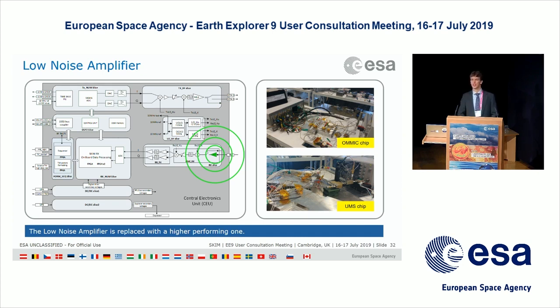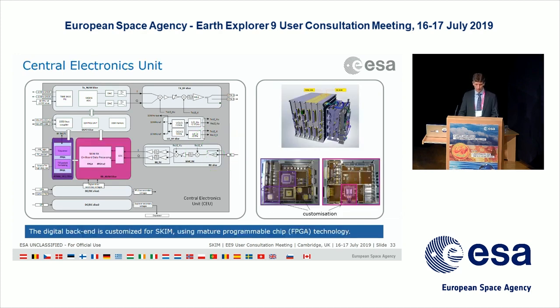On the receive side, we have the digital backend. Which is, the slices are also shown on the right. Again, it's a modification from Poseidon 4, but in this case, it does have a significant customization. You can see the colored squares on the right.